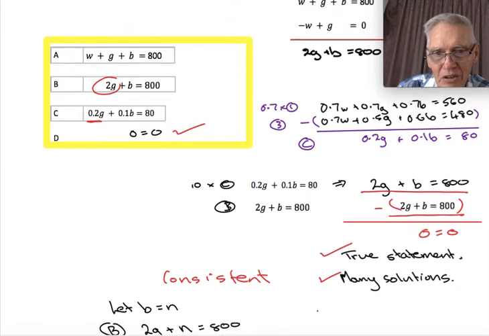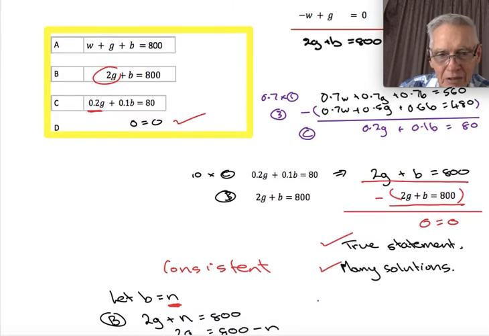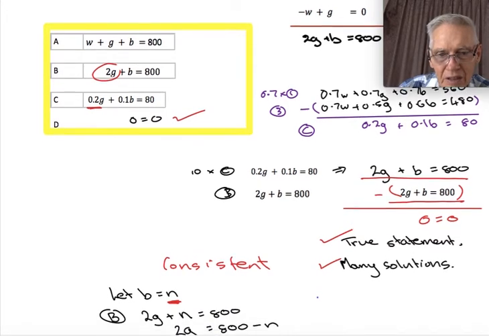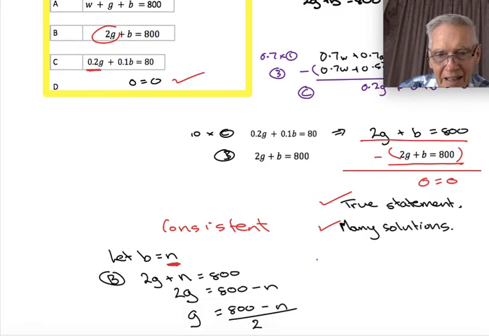So let's do the generalization. Let B equal N. So the number of black tiles, N, could be any amount. N stands for any number. So if we take equation B, we can write 2G plus the black one is any number equals 800. Move the N to the other side by subtracting, divide by 2, and that gives us our number of grey tiles.